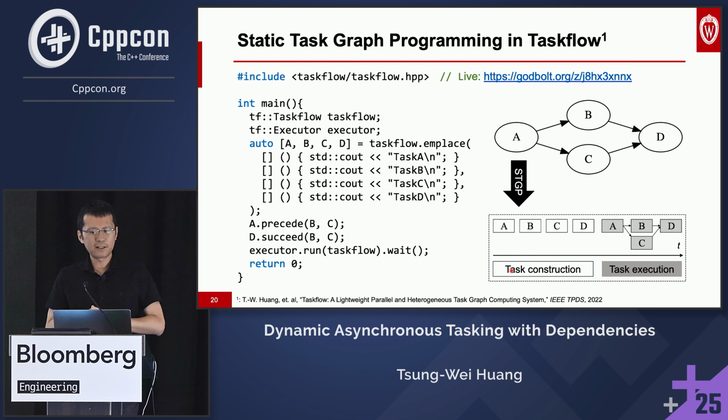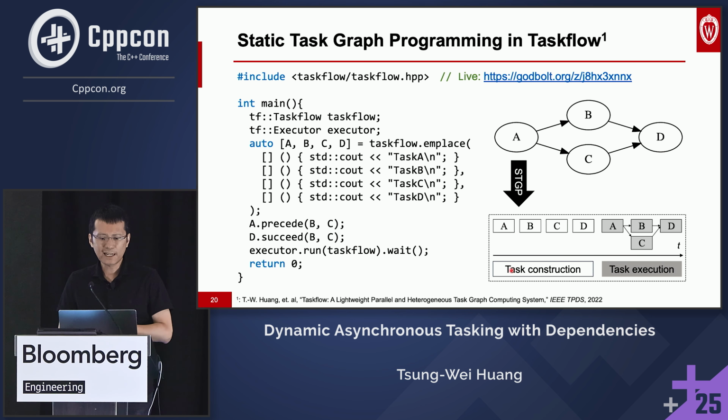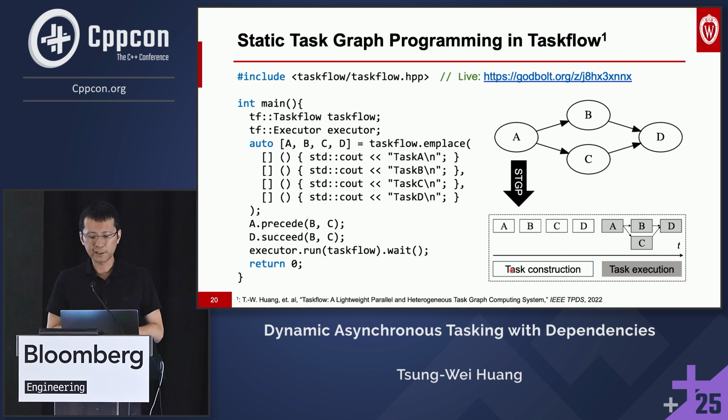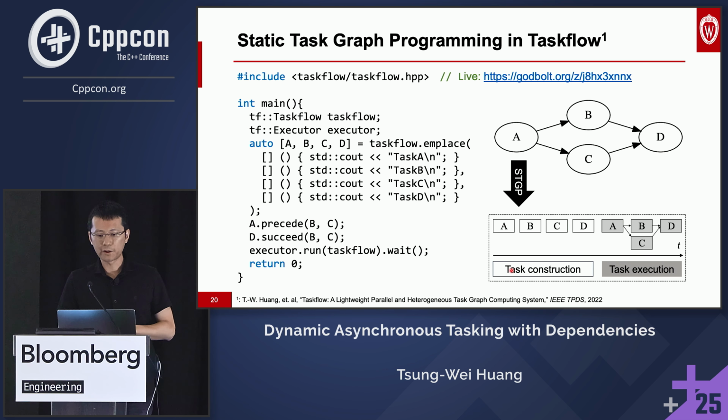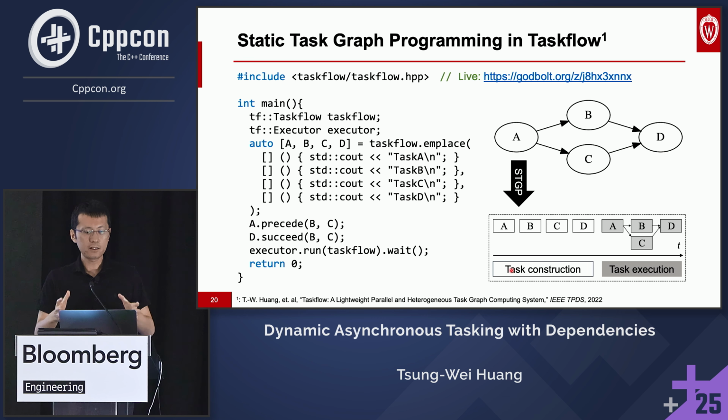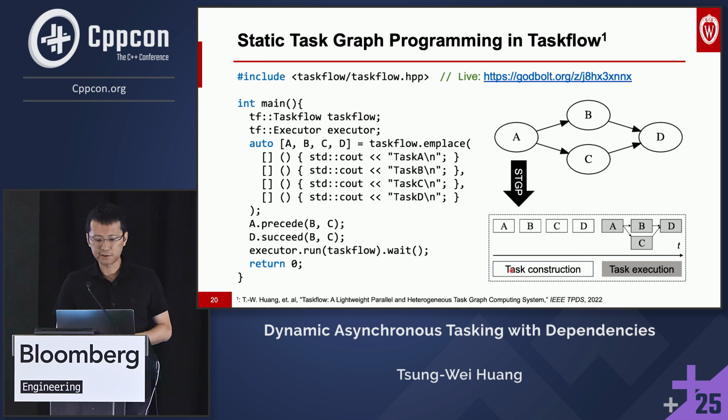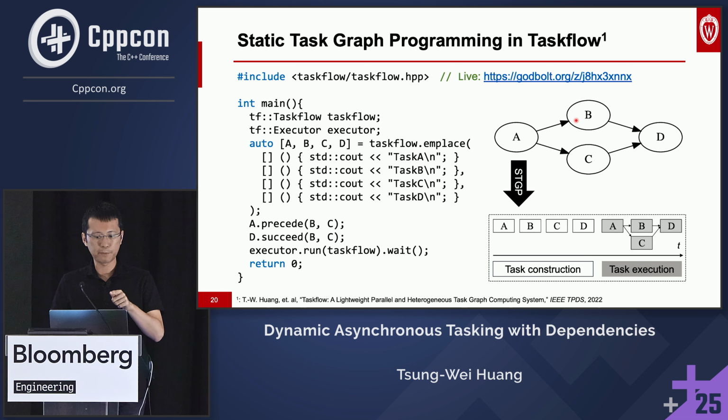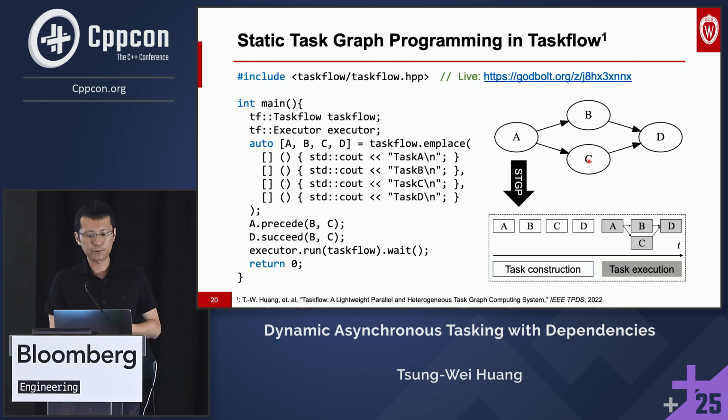To better understand the difference, let's take a look at static task graph programming in Taskflow. This is a C++ library for task parallel programming. Again, using the same task graph for our example, A, B, C, D. A runs before B and C. D runs after B and C. In STGP, using the Taskflow library, you will need to define this task graph in a Taskflow object.